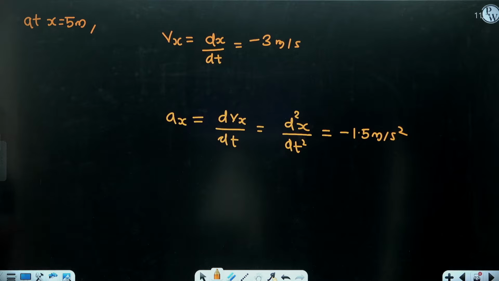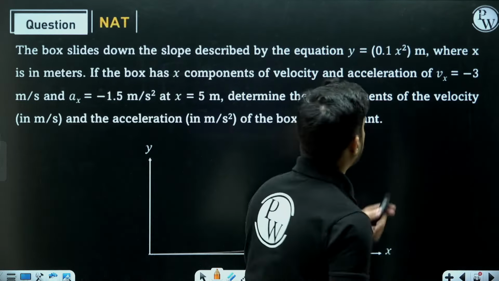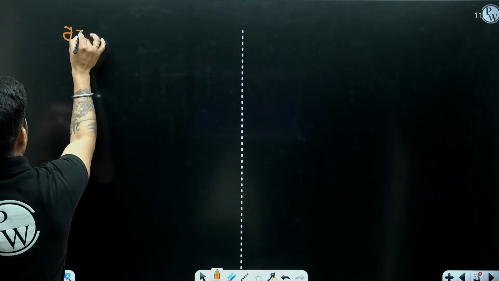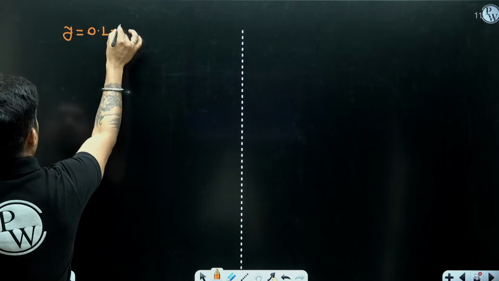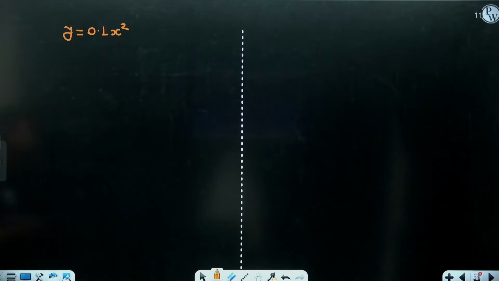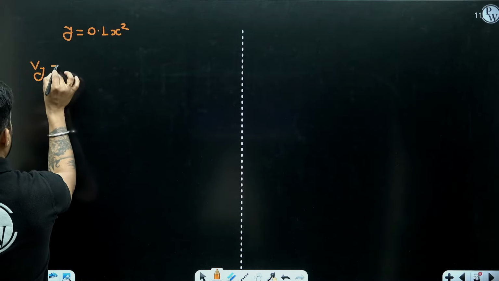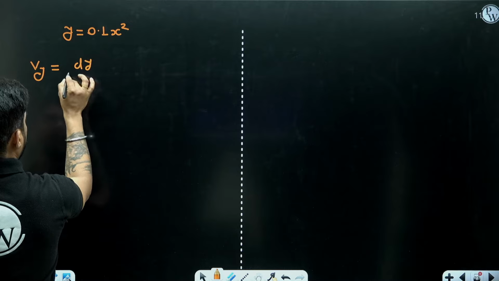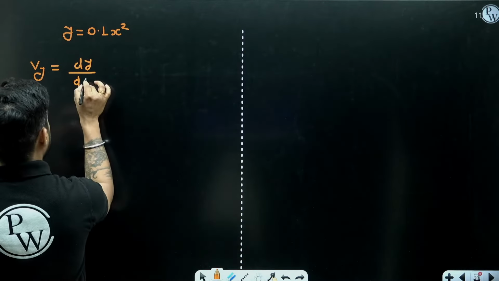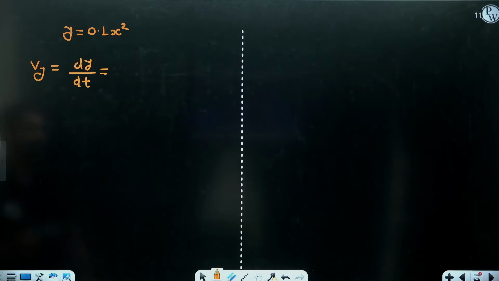Now understand how to solve the problem. We know the relation between y and x. Y equals to 0.1 x square, right? And we need to find Vy. What will be Vy? Vy will be dy by dt. Vx was dx by dt, Vy will be dy by dt.